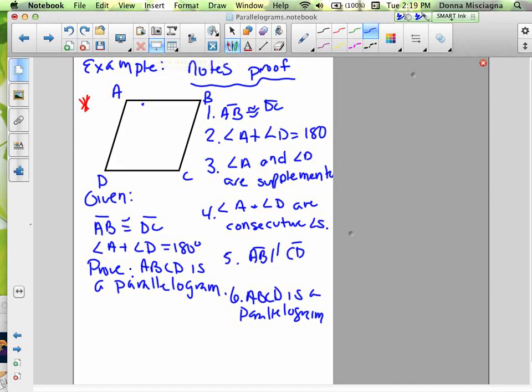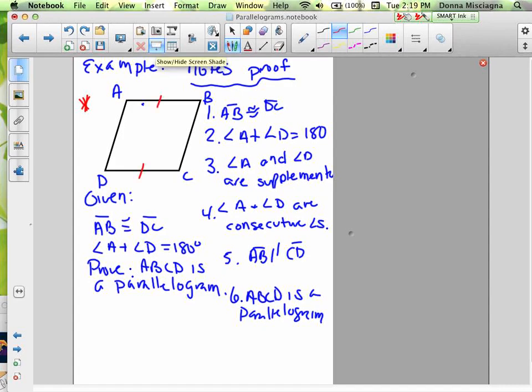So we are given that, as you want to draw the diagram, the beautiful diagram that I'm pointing to, that you can't see me pointing to, but I am pointing to it. And I'm going to mark what we're given. Always mark what you're given on the diagram. And if you're not given a diagram, draw one. AB is congruent to DC. So let's mark that.